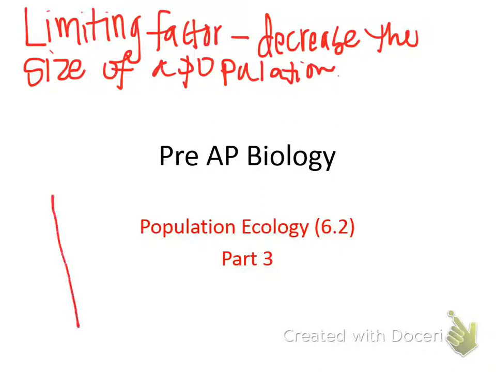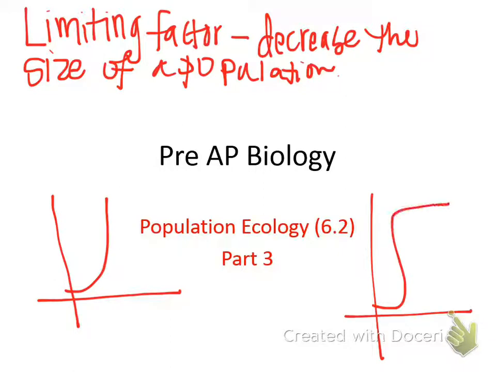Okay, so from the last video we watched, the R strategist, think for a second, what was their limiting factor? Was it density dependent or was it density independent? And so if you're thinking that the R strategists were density independent, you're right.